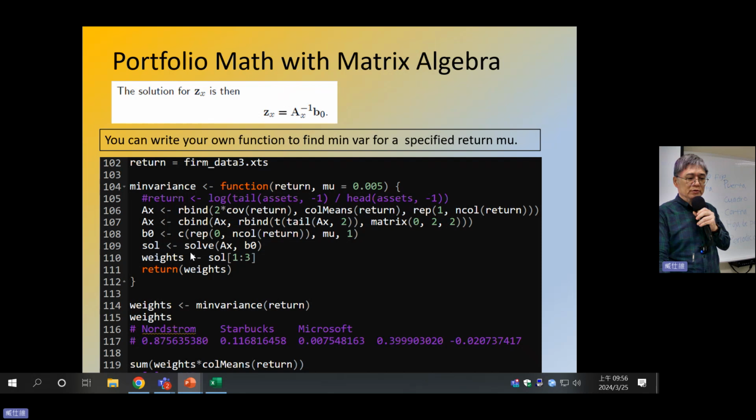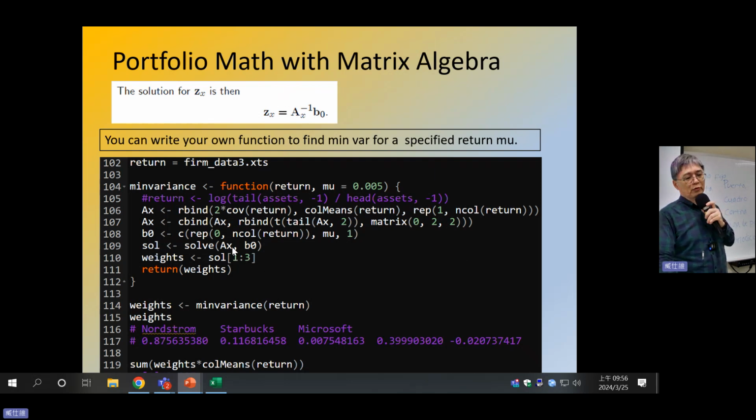Based on this, we can use the solve function. The solve function converts AX into the inverse of the AX matrix, multiplied by B0. So this is just a few lines of coding to help us do the calculation. And finally, we can calculate the weight.